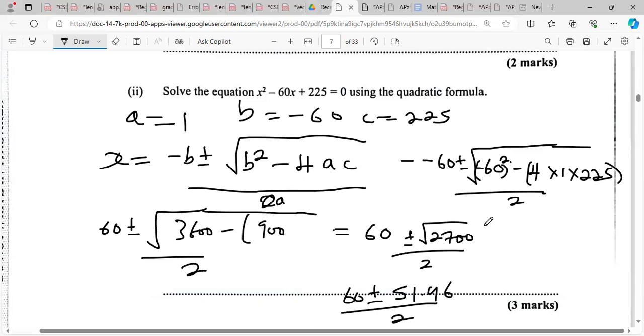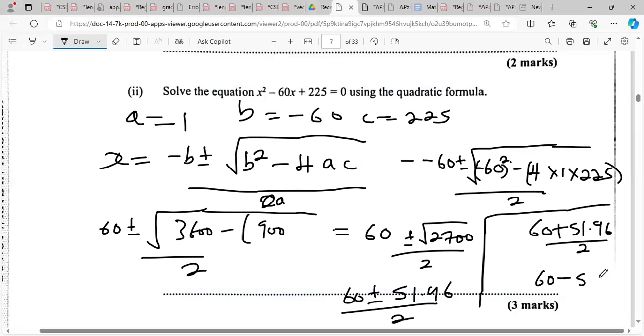The first one is 60 plus 51.96, and then we divide by 2. And the next solution is 60 minus 51.96, divided by 2.